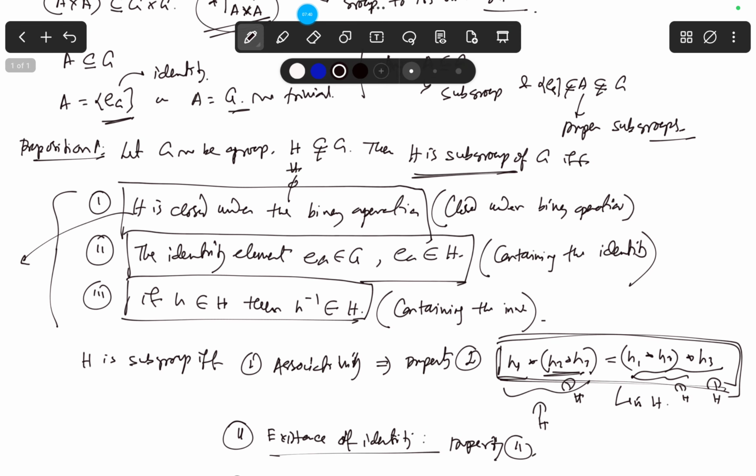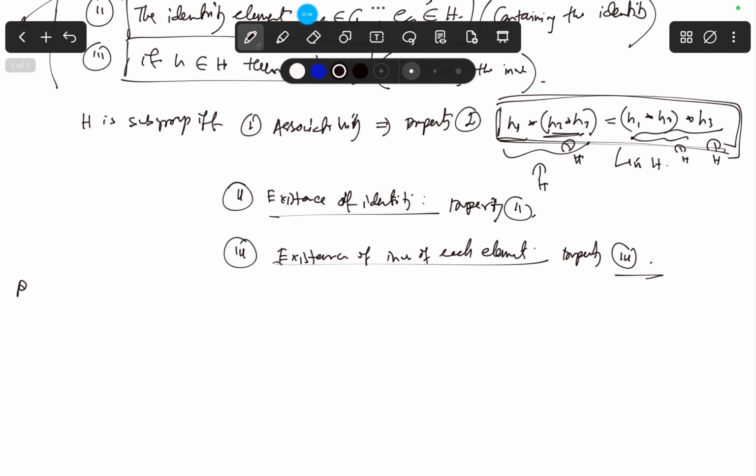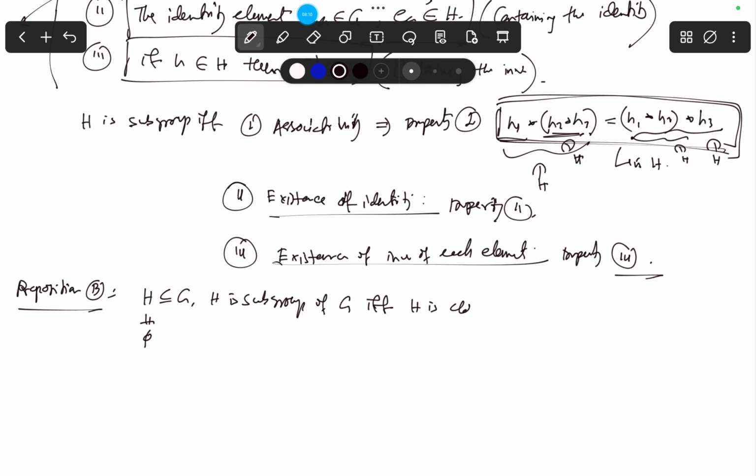Let us call this proposition A. Now there is also another proposition, proposition B, that will make our work easier. It says that, let H be a subset of G and H non-empty, then H is a subgroup of G if and only if H is closed under the binary operation, which is the first and foremost point that a group needs to satisfy, and existence of inverse.